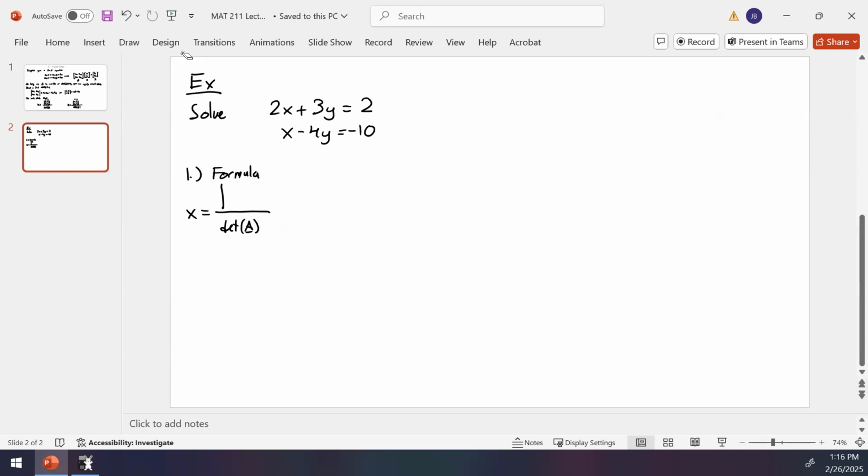So that should be B1, B2, because you replace the x column, and then A12, A22. That's why the subscripts are always confusing. And then y is equal to, again, the same bottom number. And then make sure you give yourself enough space, A11 and A21, and then B1, B2, like that.